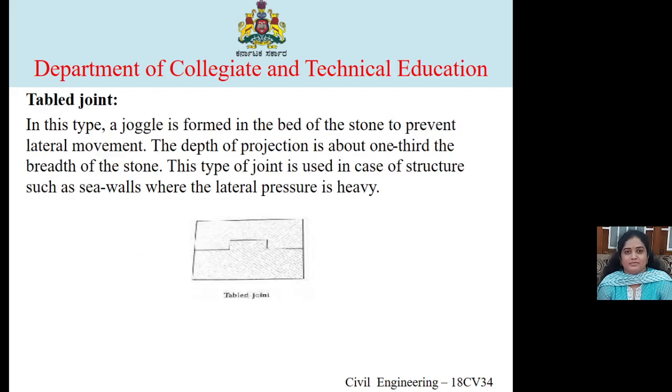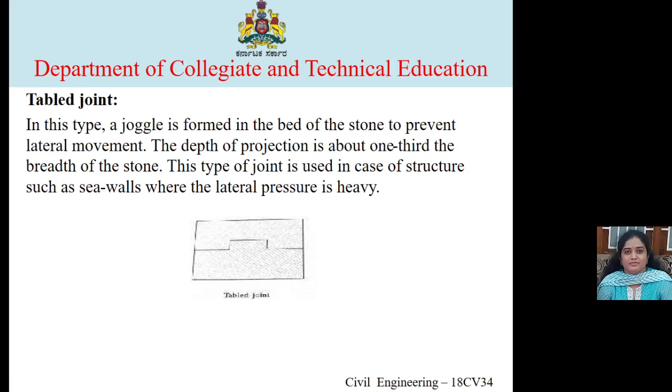Next is a table joint. In this type, a joggle is formed in the bed of the stone to prevent the lateral movement. The depth of the projection is about 1/3 of the breadth of the stone.